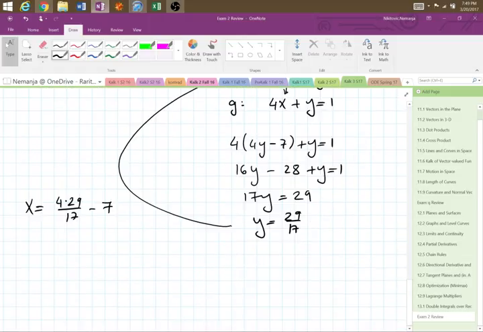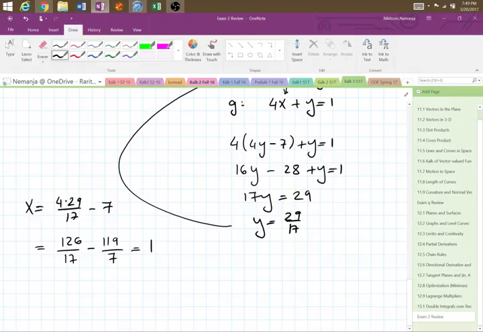So all we need to do is compute this real quick. 29 times 4 is 116, over 17, minus 7 times 17, which is 119 over 17. When you subtract, you get negative 3 over 17.